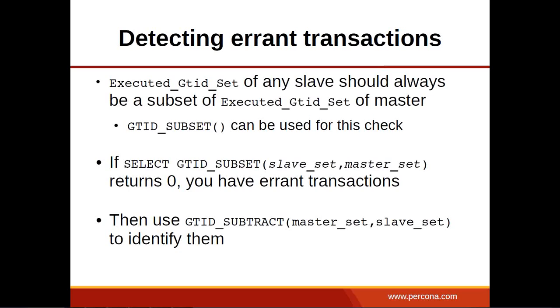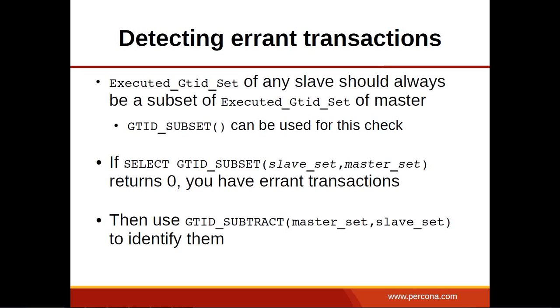And MySQL 5.6 provides a function to evaluate if a set of GTIDs is a subset of another set. And this function is GTID_SUBSET. So you can use that function for the check. So basically you run SELECT GTID_SUBSET(slave_set, master_set), and if it returns 1, you're okay, and if it returns 0, you have one or more errant transactions.